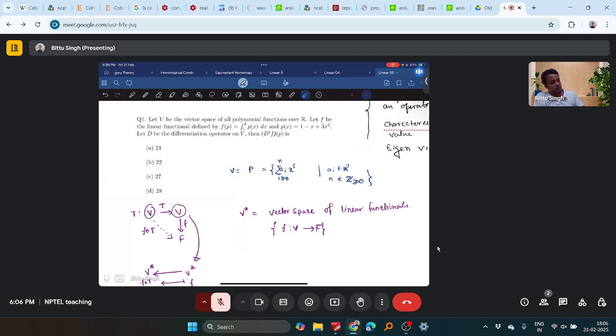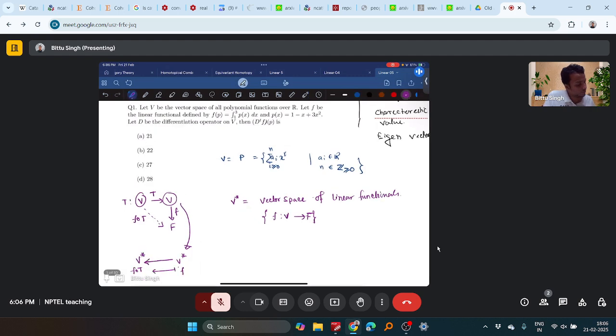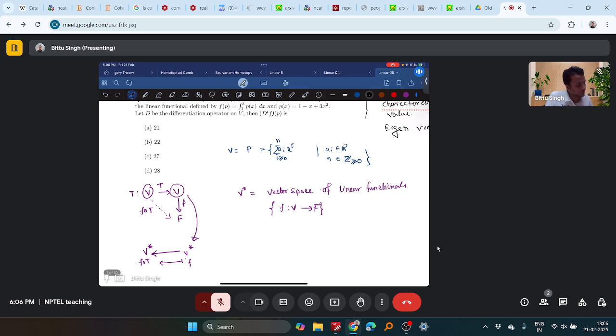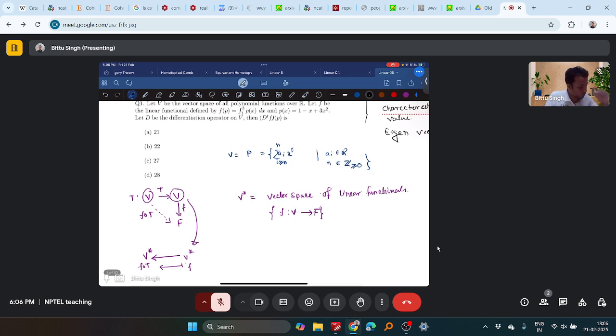So in this question, what is D transpose f? Corresponding to T, we denote it by T transpose.